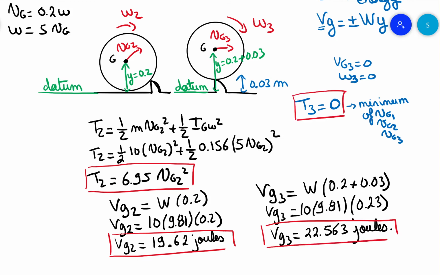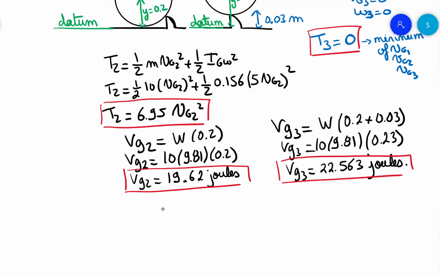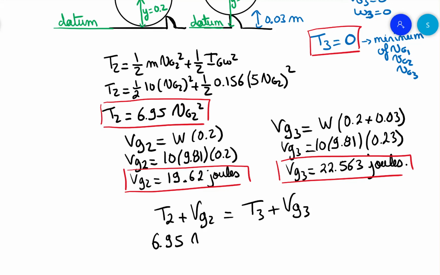Okay, so we have T2, T3, Vg2, Vg3. We can use our conservation of energy theorem. So we have T2 plus Vg2 equal to T3 plus Vg3. So we have 6.95 Vg2 squared plus 19.62 is equal to 22.563.